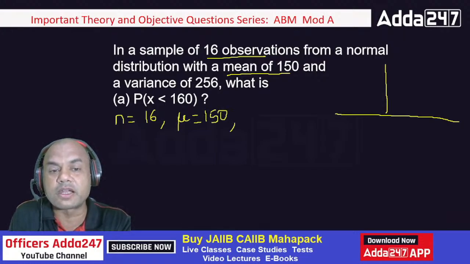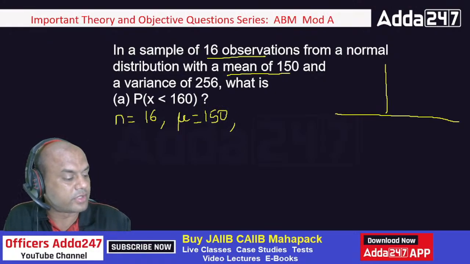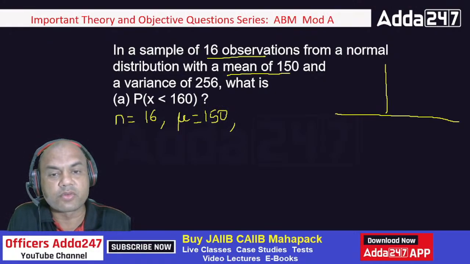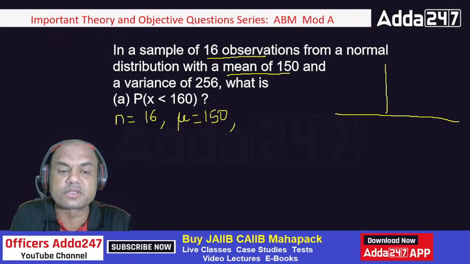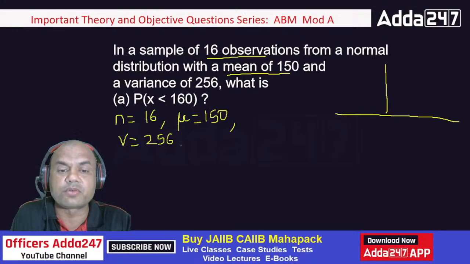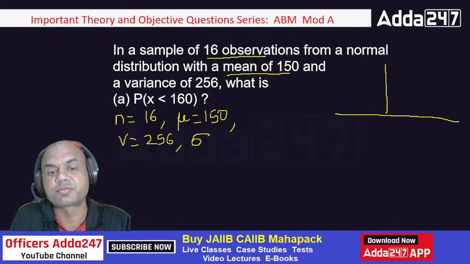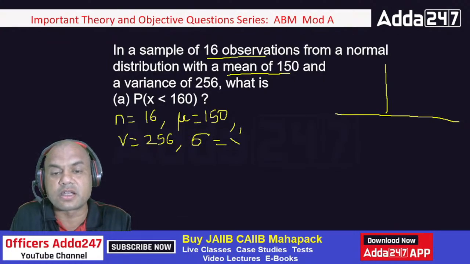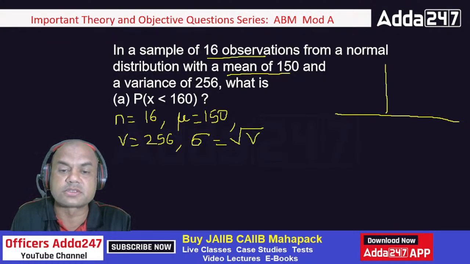Whenever I write variance, this variance equals 256. And what do we do with this variance? We find the standard deviation from it. The standard deviation is the square root of variance.